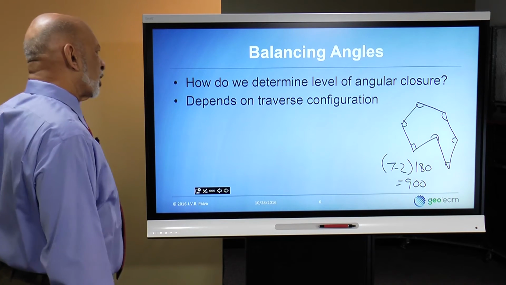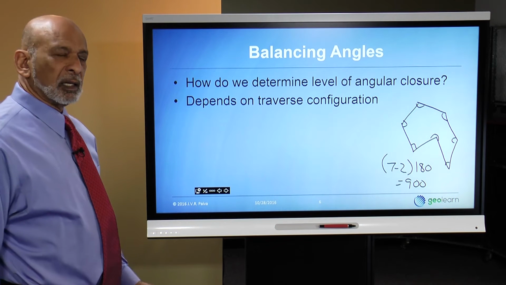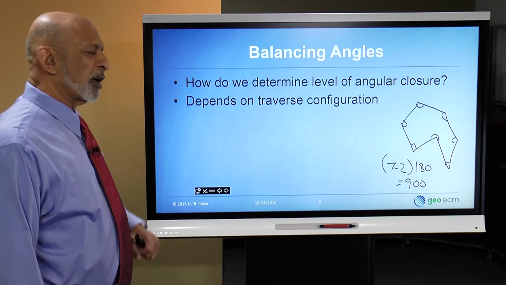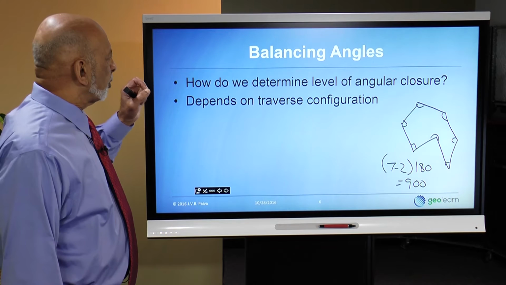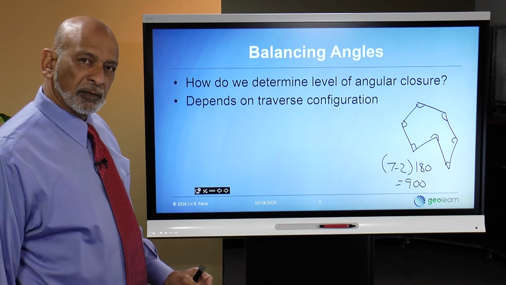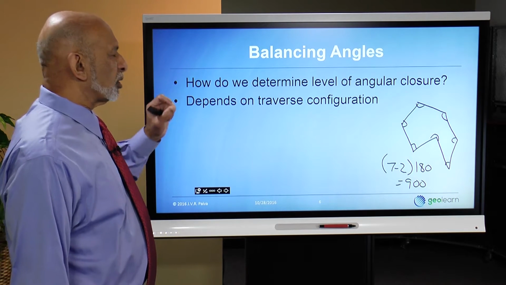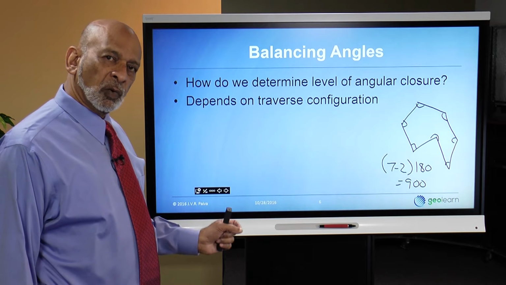So how do we know this? Well, it's a judgment thing. It depends to some degree on traverse configuration. It depends on what the purpose of the survey is. It depends on the instrumentation that's used and the quality of the people.